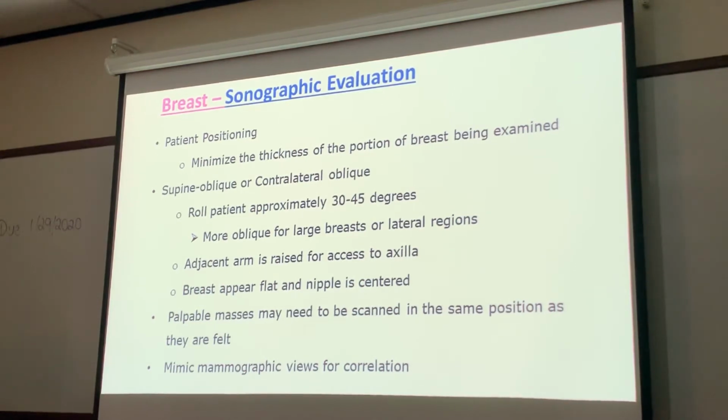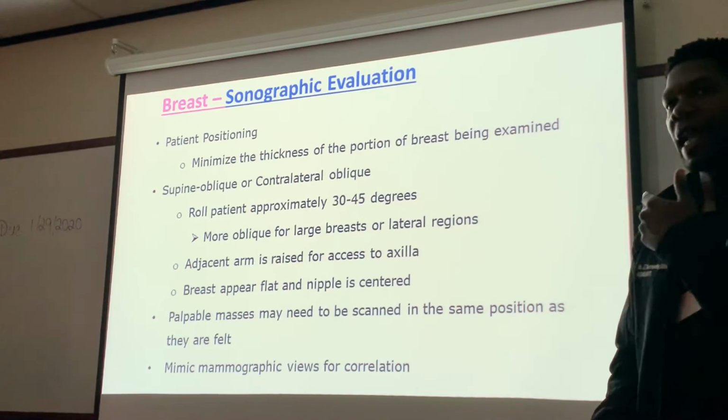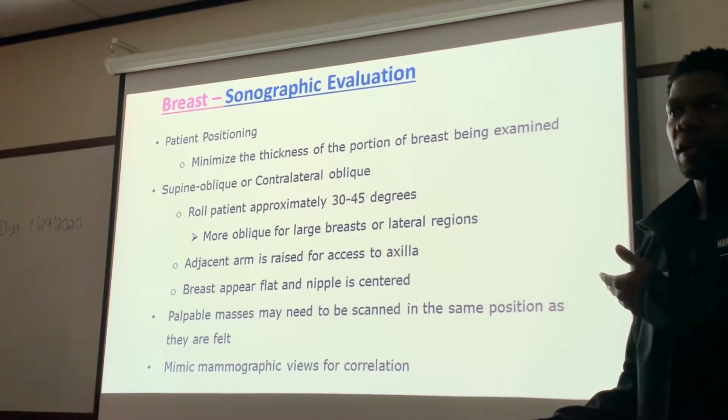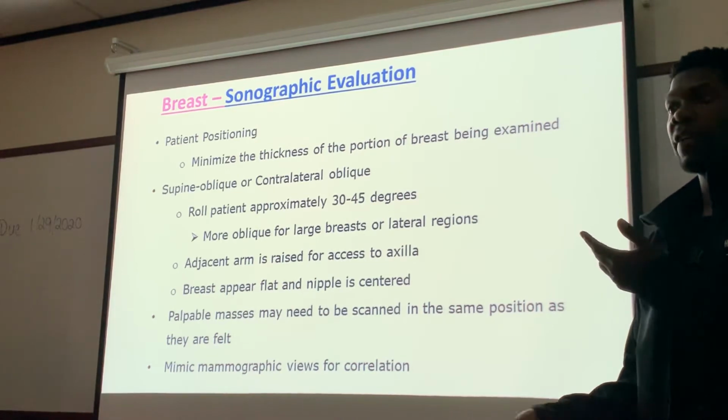Palpable masses may need to be scanned in the same position as they are felt. Sometimes I may have a person in a perfect position, but that's not the way the patient feels that mass. So you may have to do what you have to do to get that mass to be as superficial as possible, meaning I can't get that person in the contralateral oblique position.